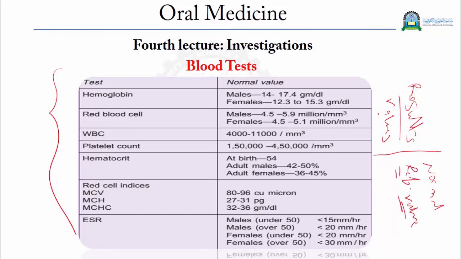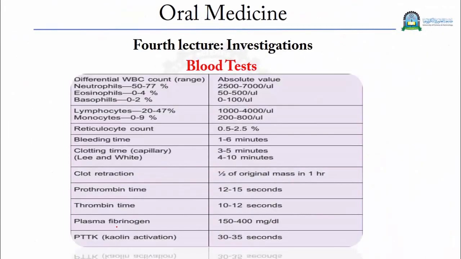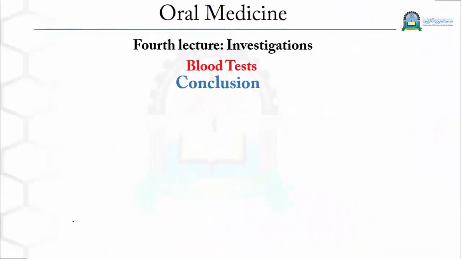So you will compare the findings of your patient with the normal values, and it's very important for the laboratorist to provide the physician or the dentist with the normal or reference values, since they can differ from laboratory to laboratory and from system to system. Also, this is the second part of the blood test and the absolute and normal values.